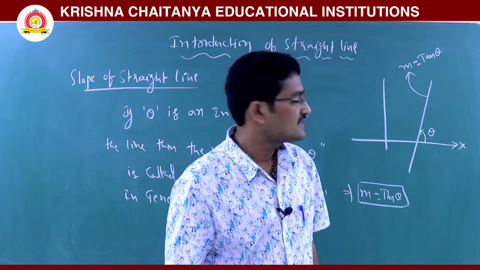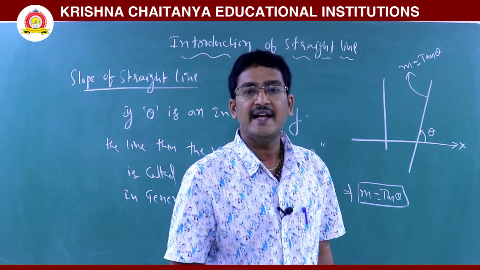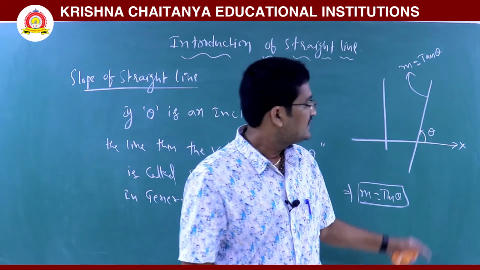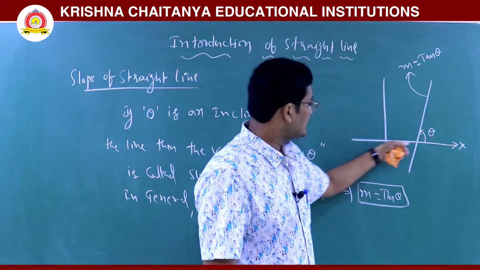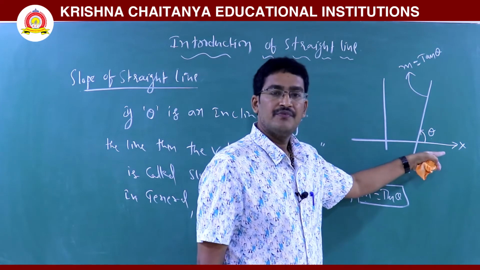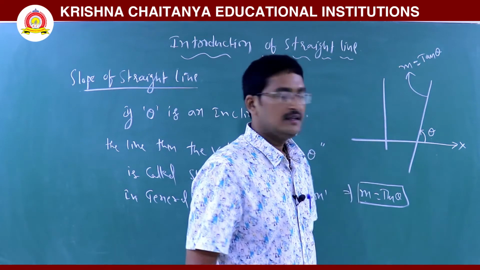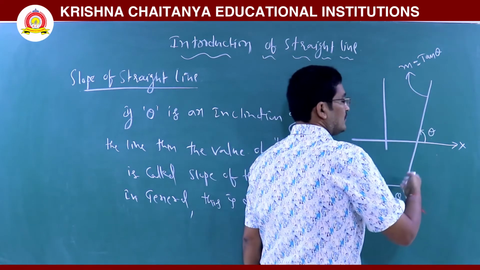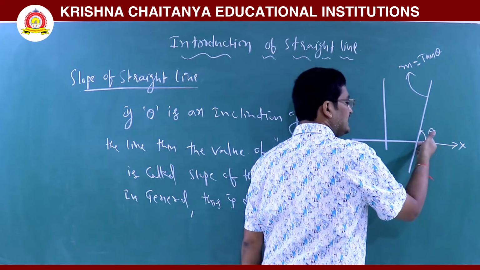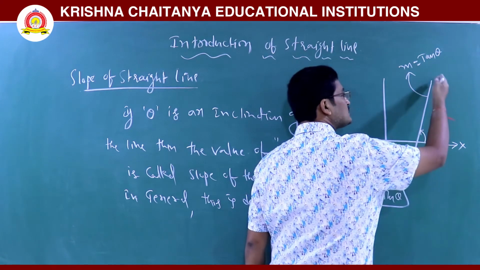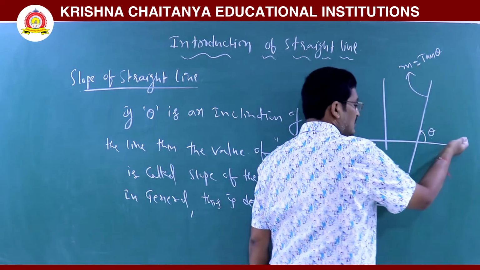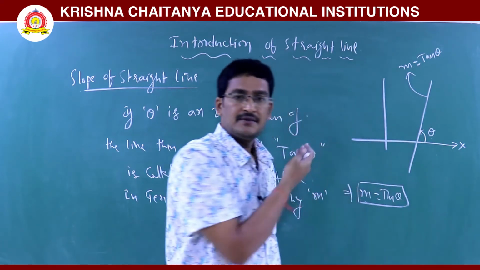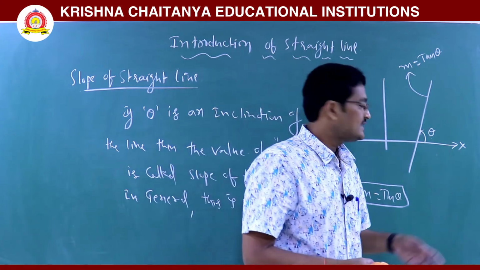What is the slope of x-axis? Tan 0. The value of tan 0 is 0. So, by the way, we have to say the slope of the x-axis is 0. X-axis is also one line like this. If this line makes an angle theta with positive direction of x-axis, the slope of this line is tan theta. Now, we need the slope of x-axis.